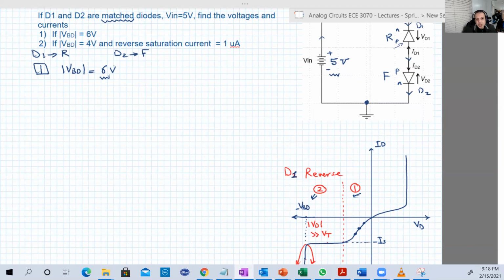So basically the input is 5 volts, which is less than the V breakdown. So we can say this: since V breakdown is greater than V input, which is 5 volts, then for sure D1, which is reverse right now, is not in breakdown.